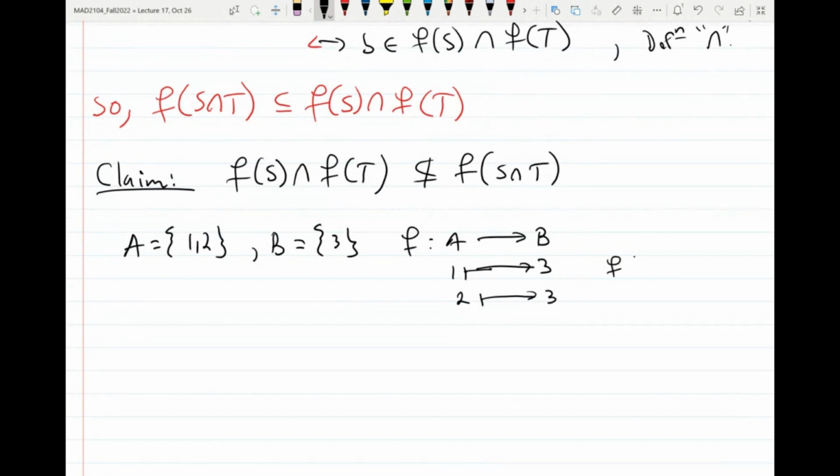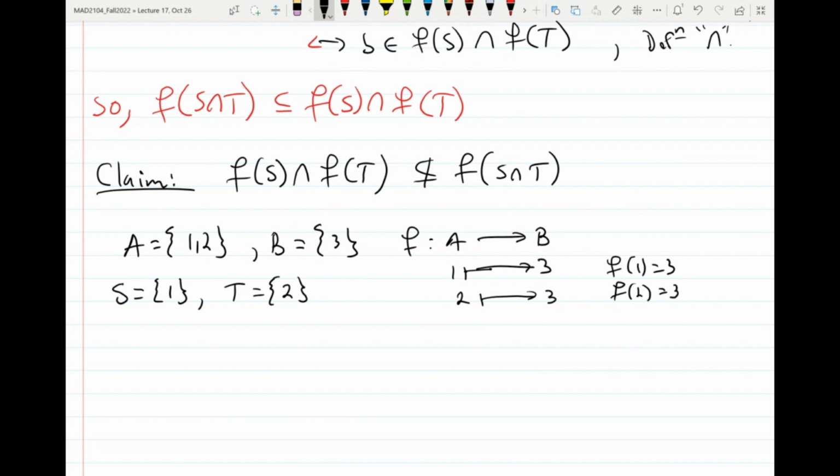In other words, remember, this means f(1) = 3, f(2) = 3. That's how we're defining the function. And then S is going to be the set containing 1, and T is going to be the set containing 2. They are both subsets of A.